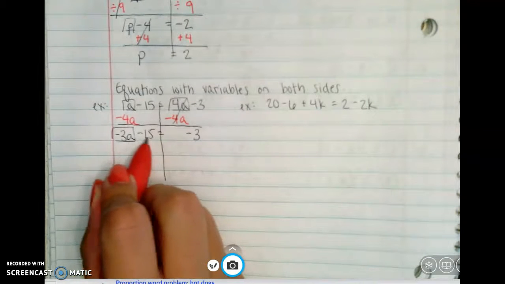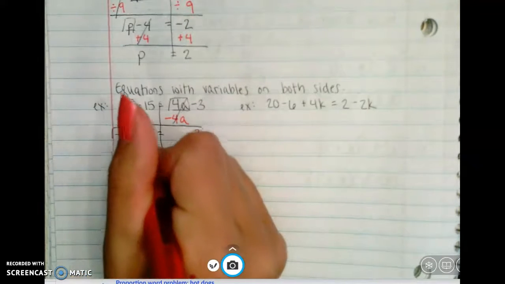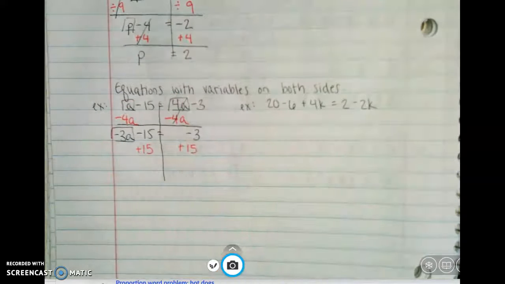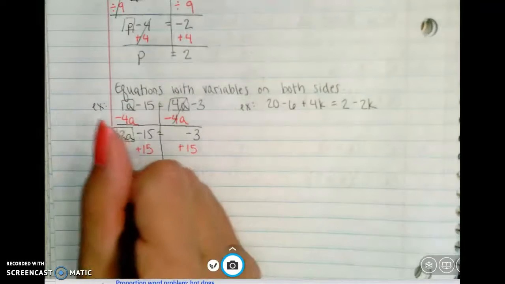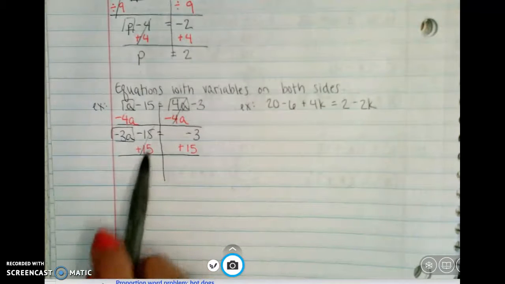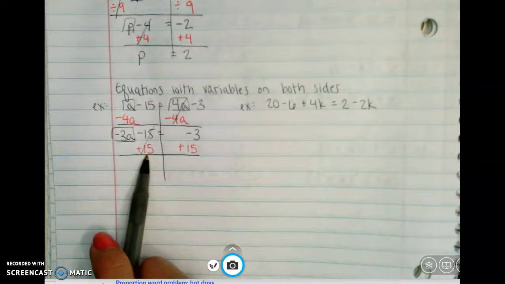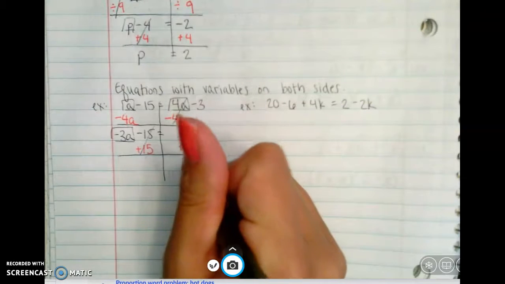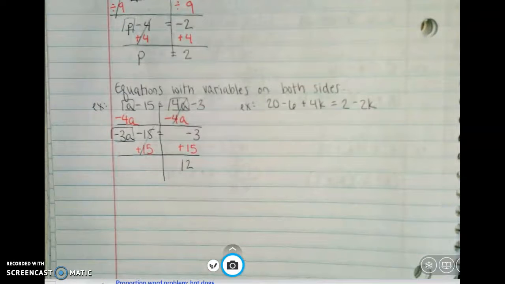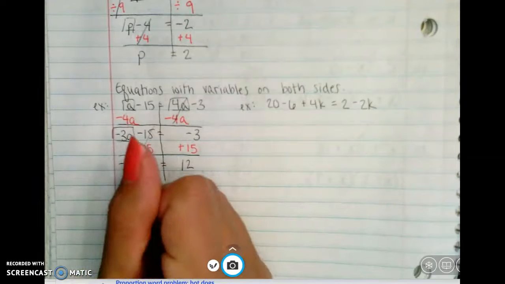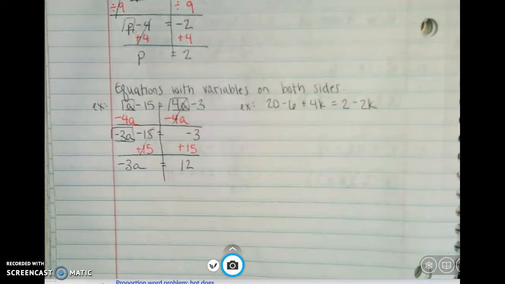The opposite of minus 15 is plus 15. So on both sides of the equation, my negative 15 and plus 15 will cancel out. My negative 3 plus 15 is positive 12 equals, bring down negative 3a.